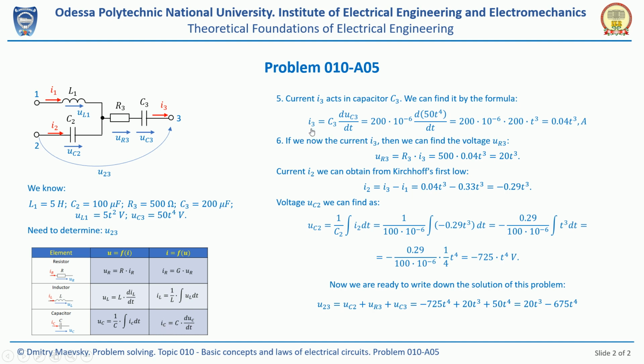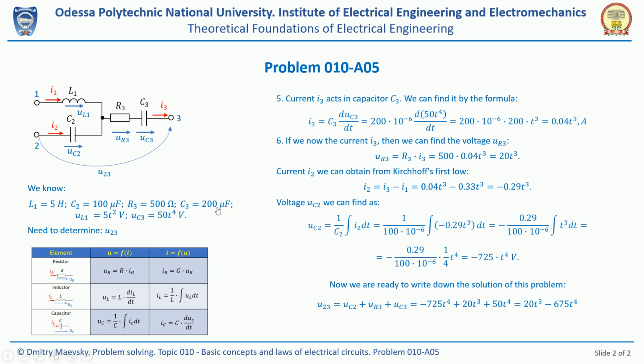In our case, this is I3, which is C3, the capacitance of this capacitor, multiplied by duC3 by dt.